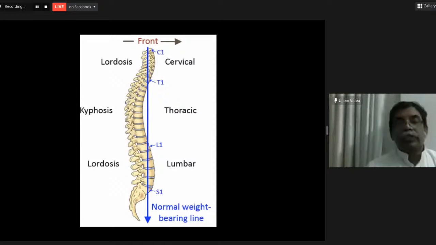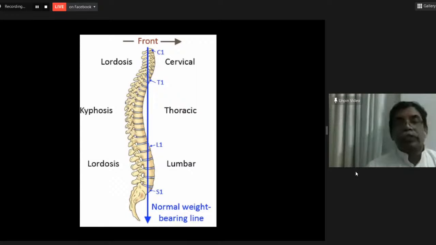Gravity prevents toppling of the body. A low-lying center is also important so that the movement of the center of gravity while the person is walking is not much.